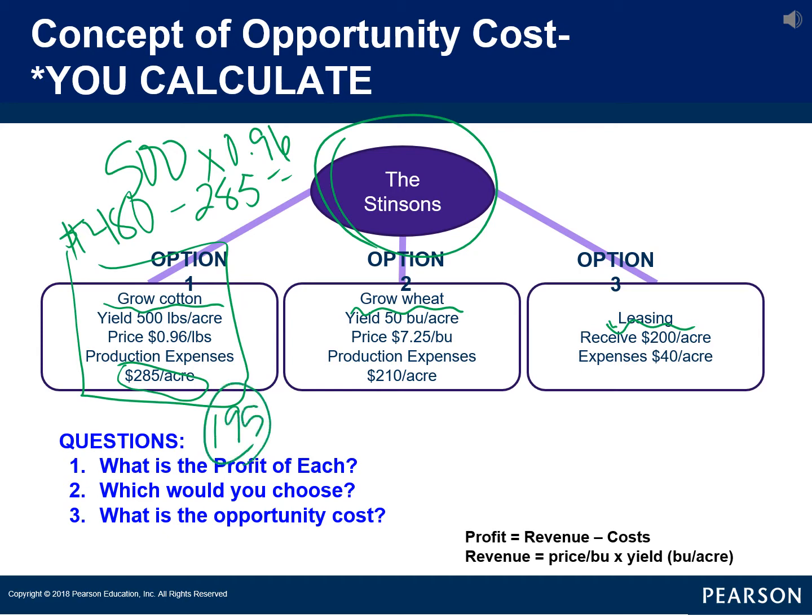So for this first scenario, the profit is going to be $195.